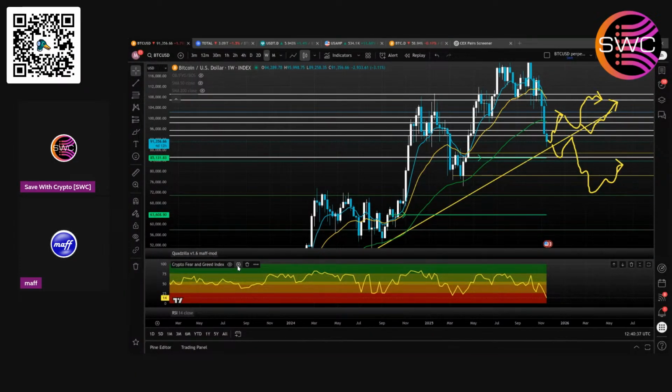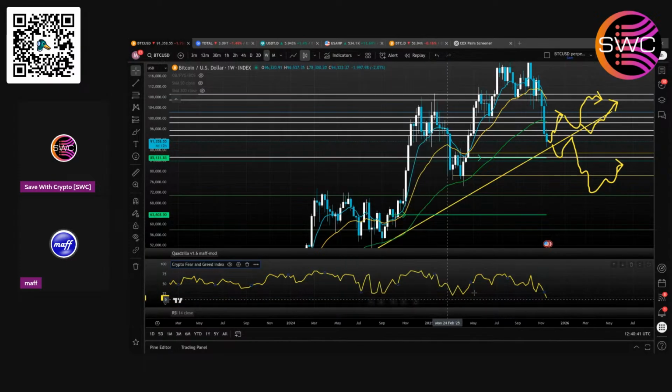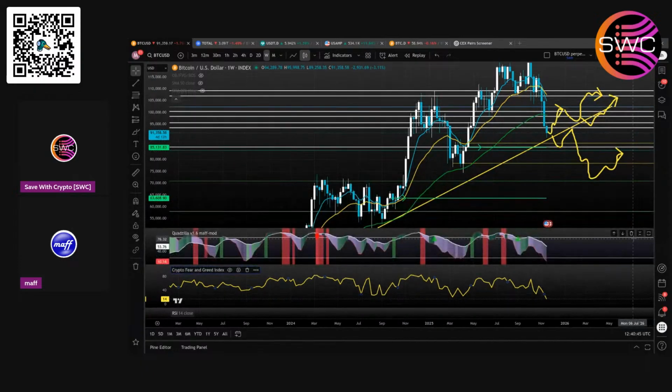But what's also quite good with this, I notice, is that if I bring up Quadzilla here, because we talked about this yesterday, that there was some correlation between what the fear and greed shows and what the momentum oscillator shows.